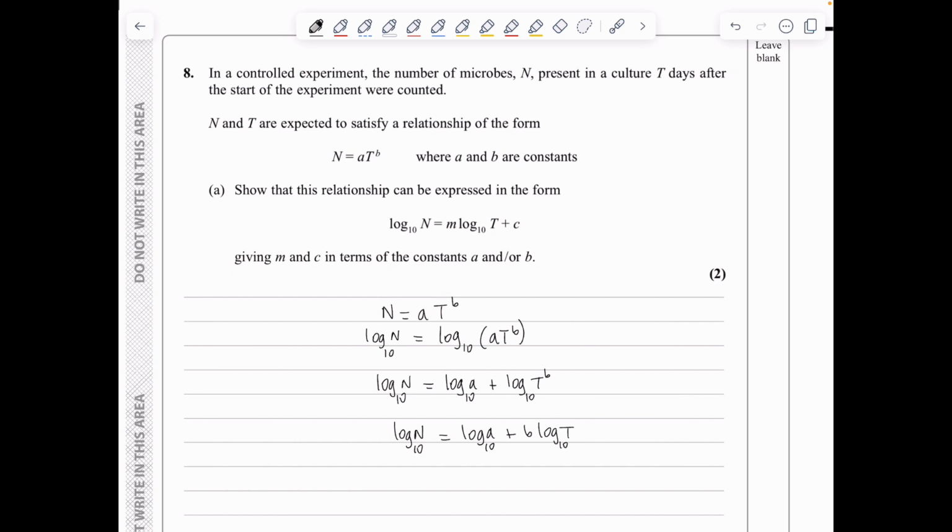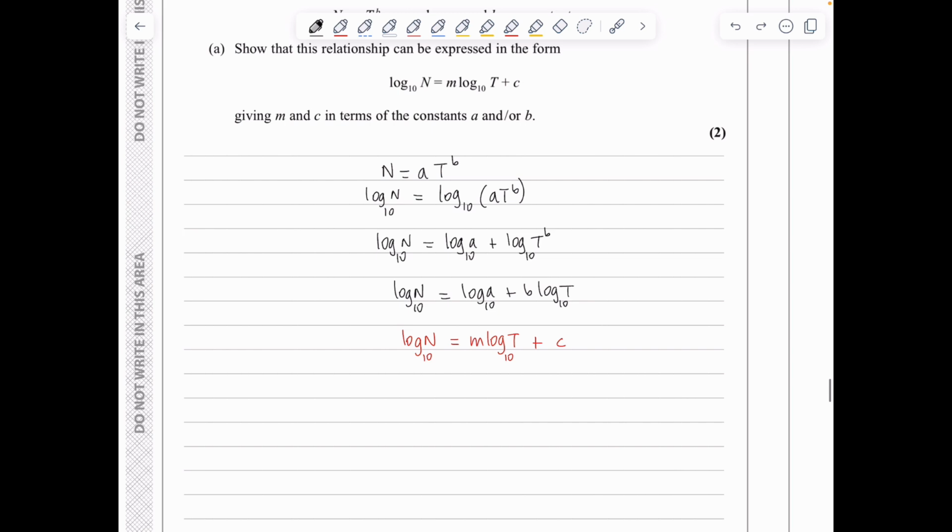Now if we compare with what we were given, which is log N is m log T plus c, then we can see that the log of A base 10 is the c, and then the B is the m. So we can safely conclude that m is equal to B and c is equal to log of A base 10.